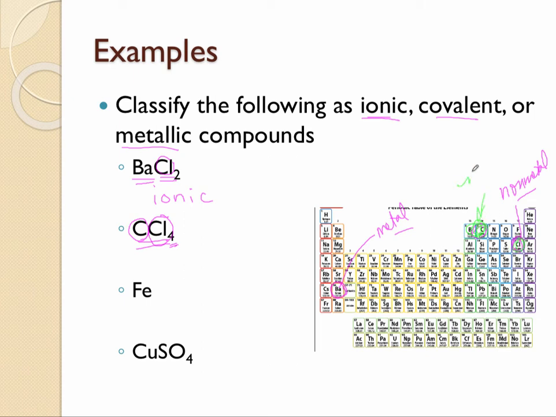Carbon, hopefully you can identify as being a nonmetal because it is on the upper right, over the metalloid break. Two nonmetals, you should identify this as being covalent. Fe, I only have one element, and where is it located?